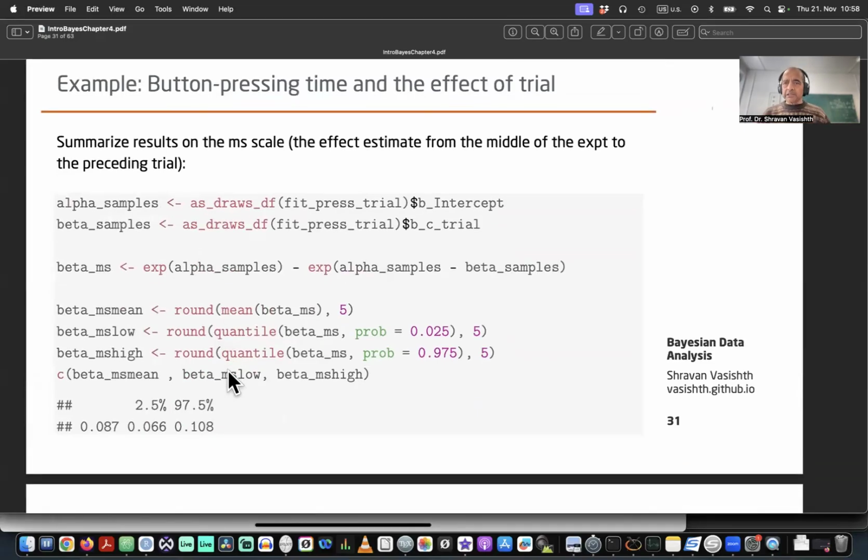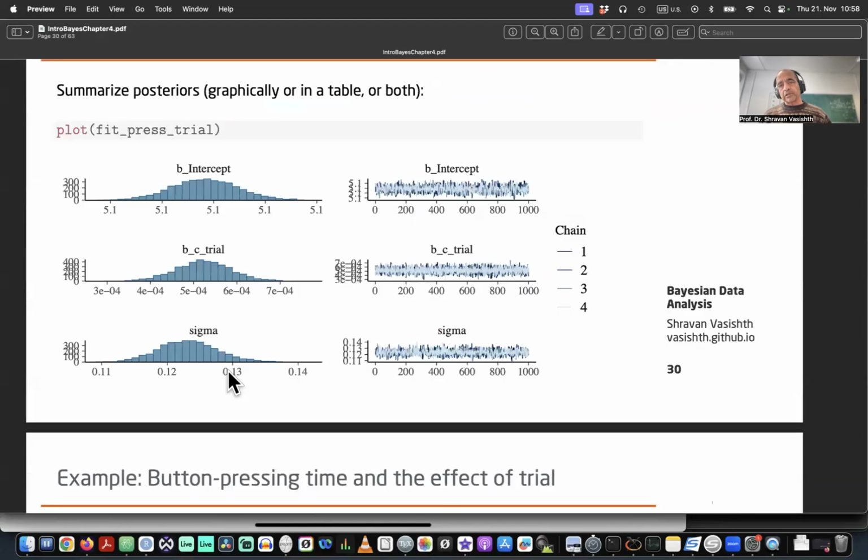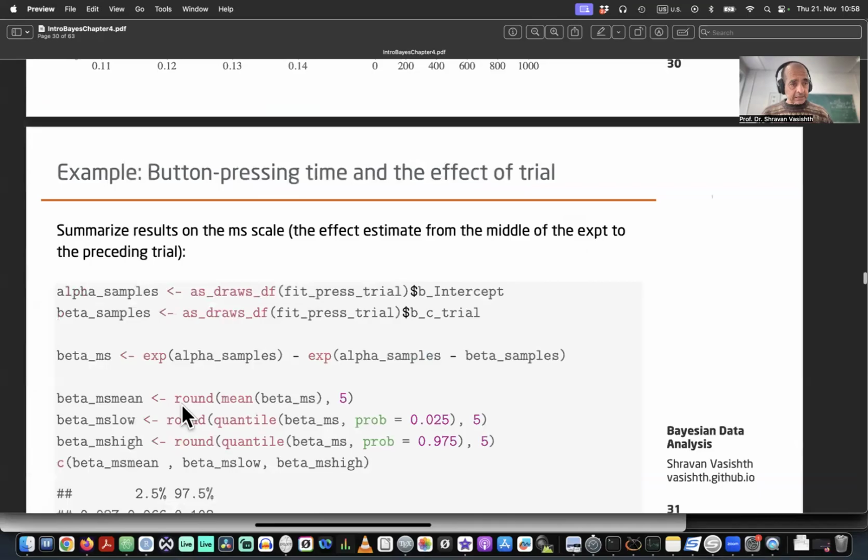So now the issue is, having fit the model on the log milliseconds on the log scale, it's harder for us as researchers to interpret the data on the log scale. So it would make more sense if we could somehow back transform the data to the millisecond scale so that we could interpret what these parameters actually mean on the millisecond scale.